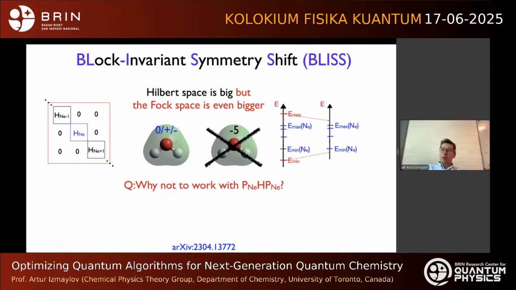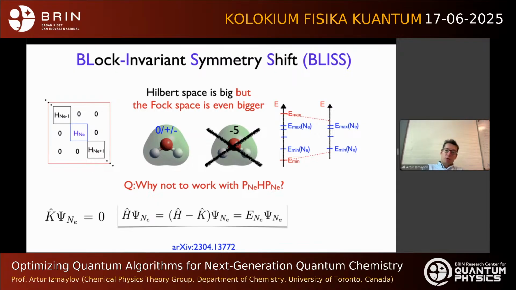Projectors are complicated operators, unfortunately. Instead, we create so-called killer operators. Killer operators are operators that kill the state of the right symmetry. You may wonder, why do we do that? It allows us to modify the Hamiltonian, right?